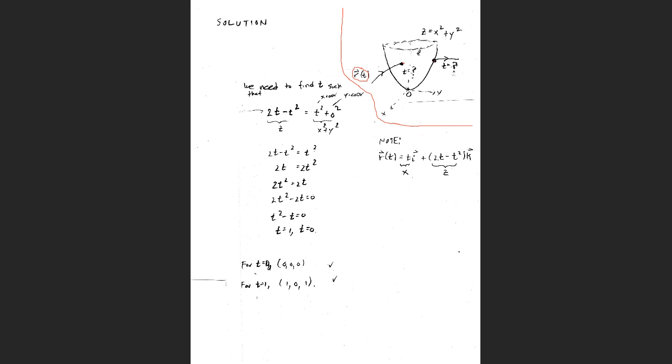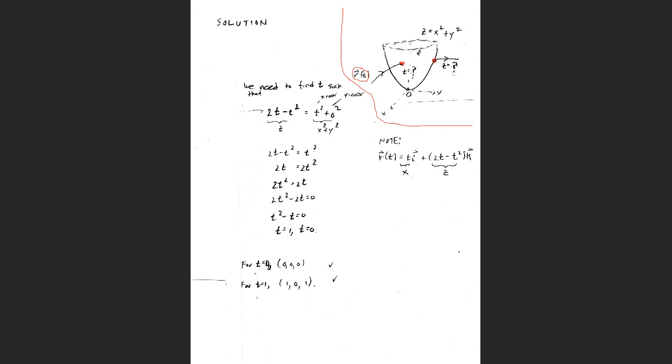If I'm going to find the points of intersection between this space curve and the paraboloid, the first thing I need to know is what time the space curve enters the paraboloid, and what time it exits the paraboloid.